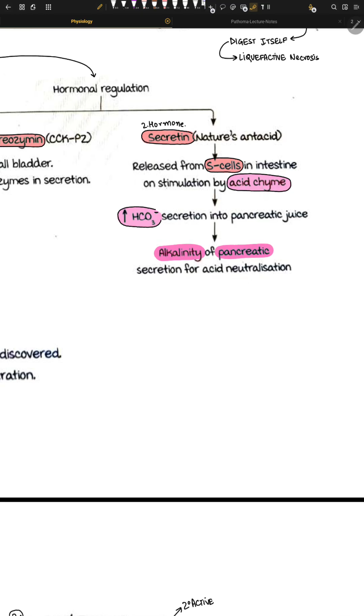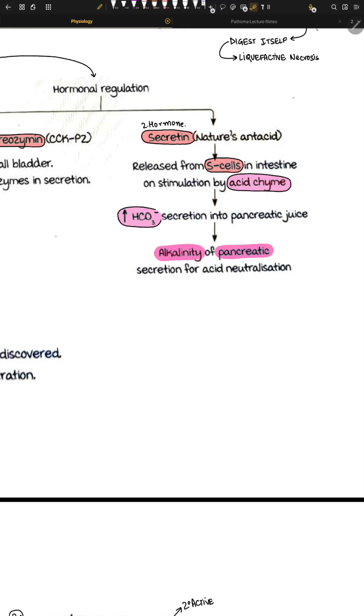Usually the theme in the body is that if there is some production of acid, there will be some production of base simultaneously. So the body always tries to make sure that you are running on equilibrium. That's very beautiful. So we have bicarb, and it goes inside your duodenum to suppress this acid that just arrived.